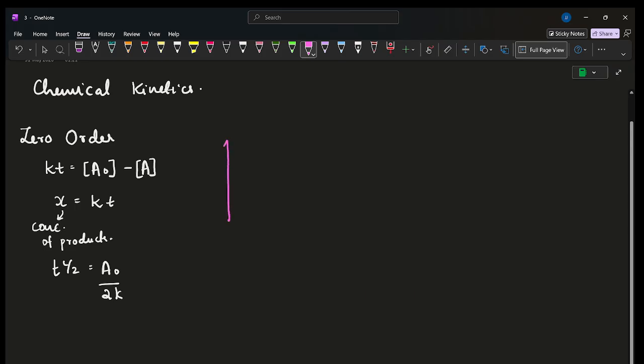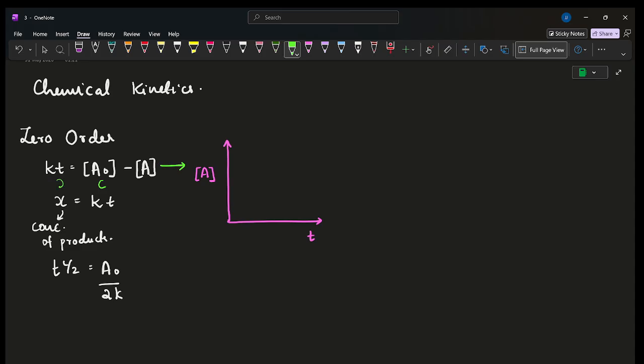We have the first one with concentration of A on this axis and time on the other one. Now let's see what is going to be the graph if you consider this equation.